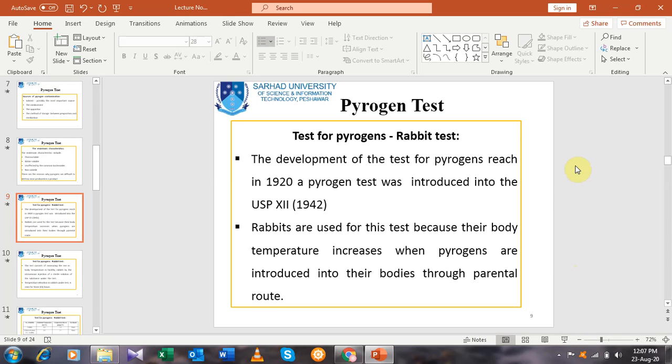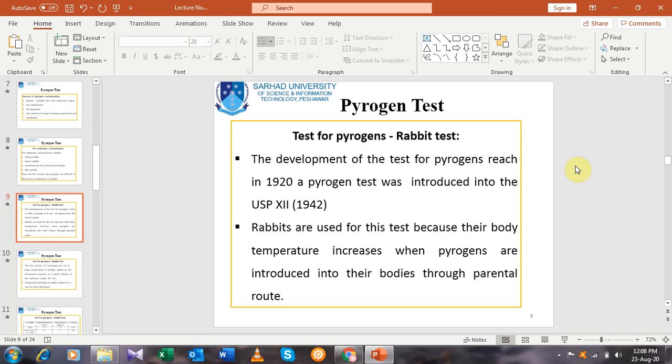Rabbits are used for this test, and remember, mature and healthy rabbits are used. If they are not healthy, if they already have a problem of pyrogenicity, or their body temperature is raised, they are not normal, and then we will not select those rabbits.